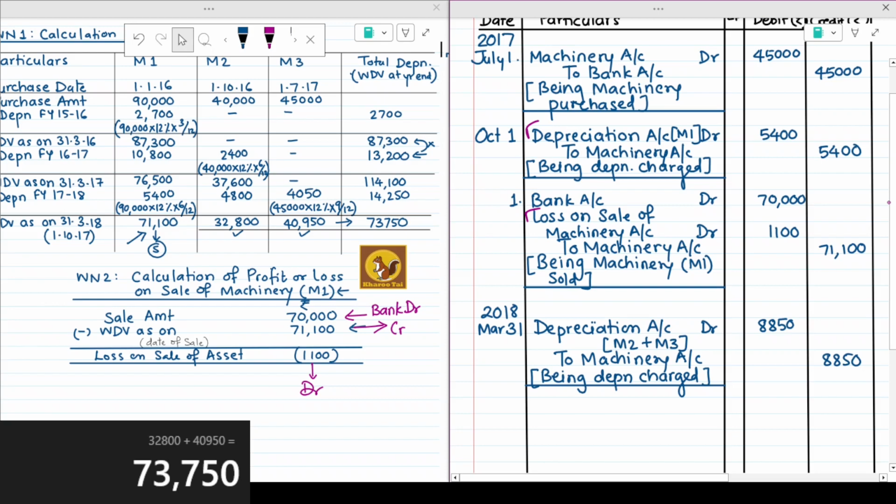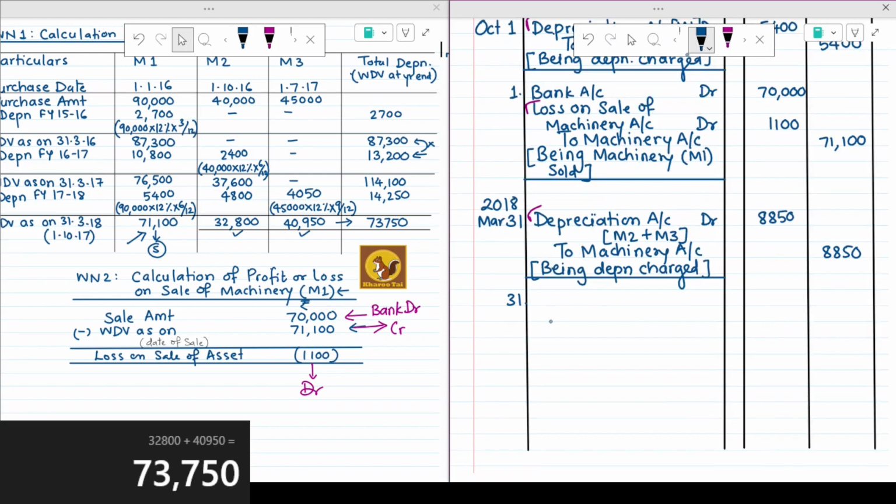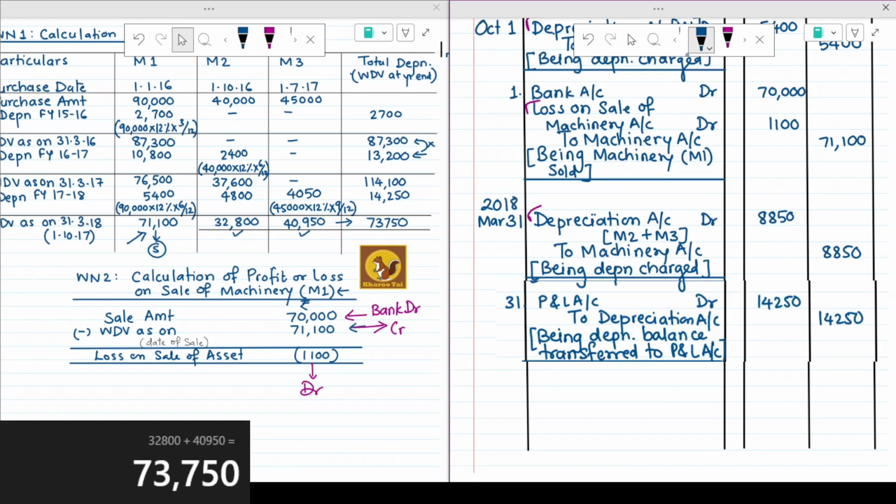So transfer entries on 31st. First we will transfer the depreciation balance. The entry will be P&L account debit to depreciation account. The value will be 5,400 plus 8,850, that is 14,250 in total, right?